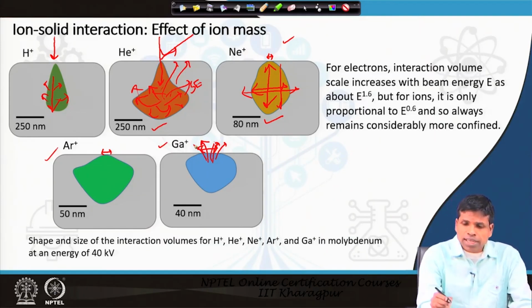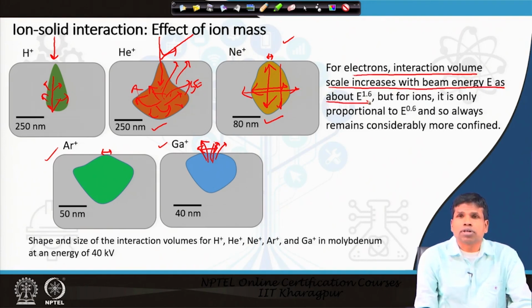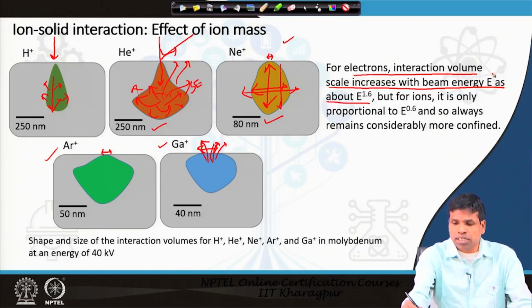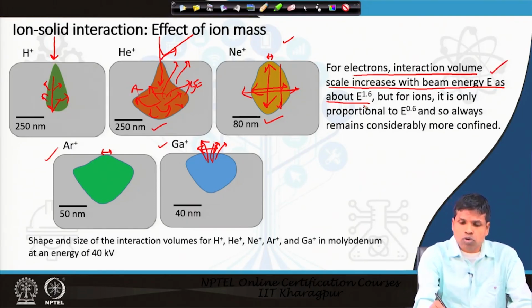In addition to that, as you see, it is written here, for electrons the interaction volume scales with beam energy E as about E to the power 1.6. So, interaction volume increases certainly with the energy of the electrons, which changes as we change the acceleration voltage, to a power of 1.6.